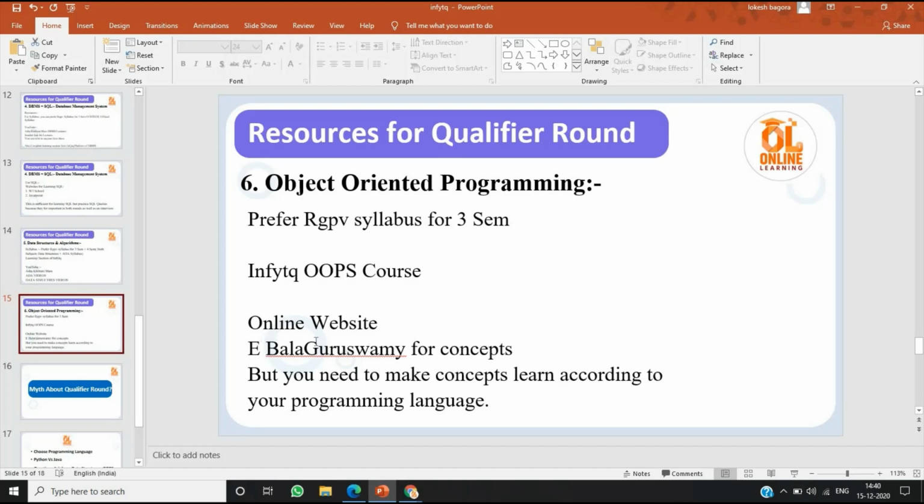I refer to a book by E. Balaguruswami. As we all know, E. Balaguruswami is a famous author, and for concepts I already learned many concepts of object-oriented programming, but this is the main one that I learned. But you need to learn concepts according to your programming language. As I already said, if you choose Python, please read object-oriented programming in Python, and data structures and algorithms in Python.